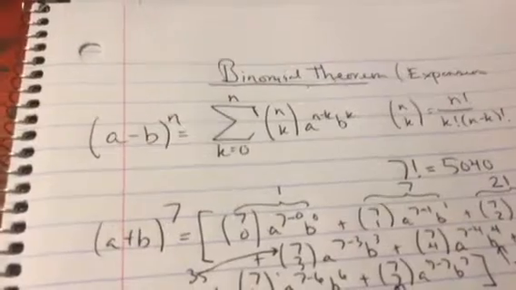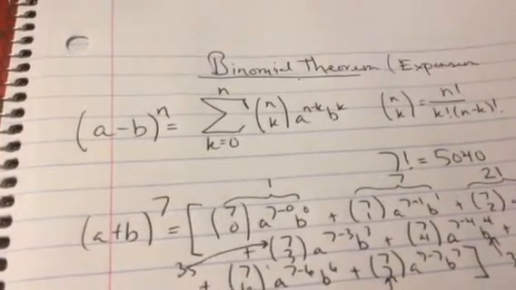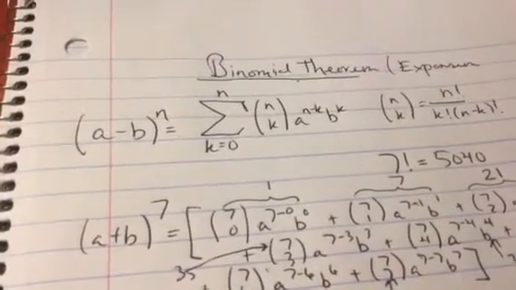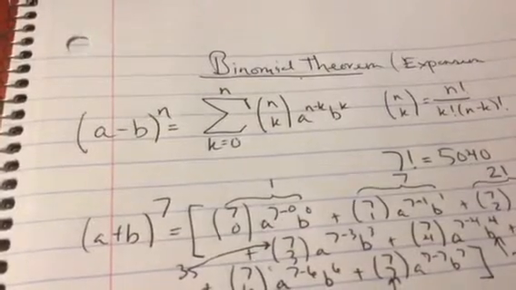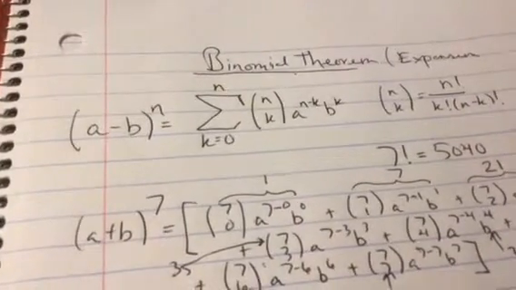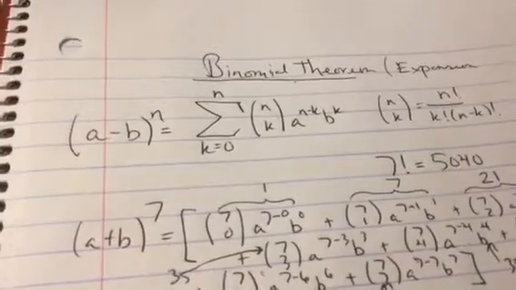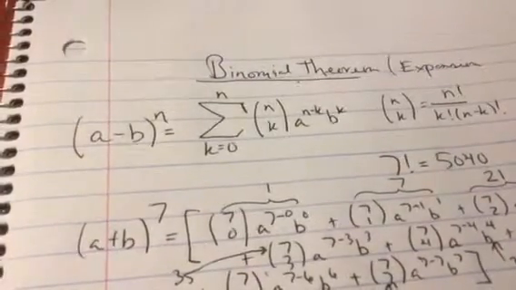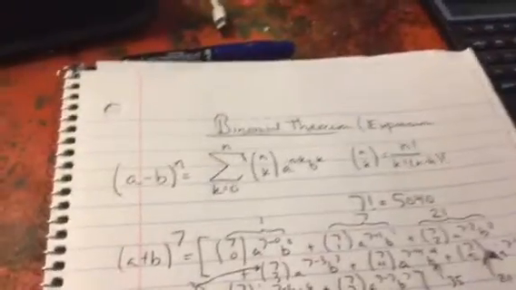And so I've done probably 3 different problems having to do with the binomial theorem. Let me talk about what the binomial theorem is, and show why I think it's amazing.